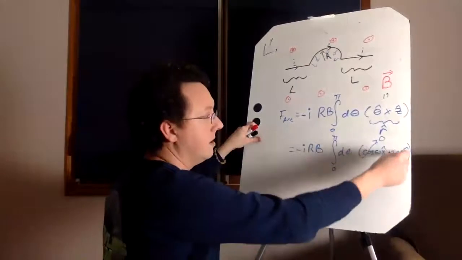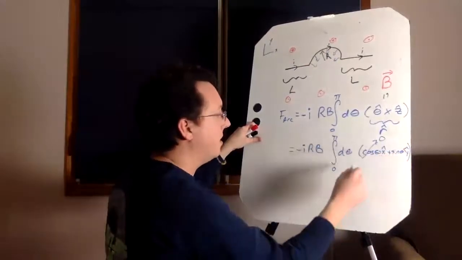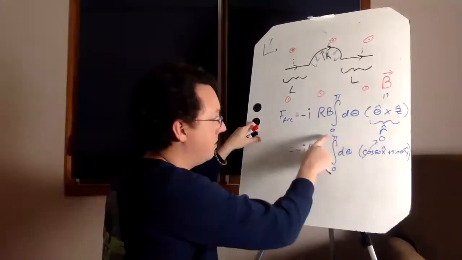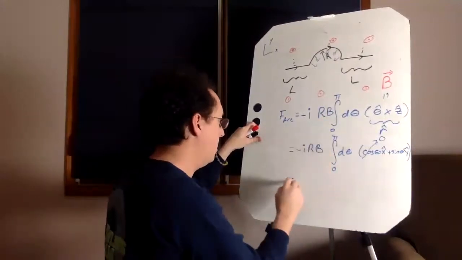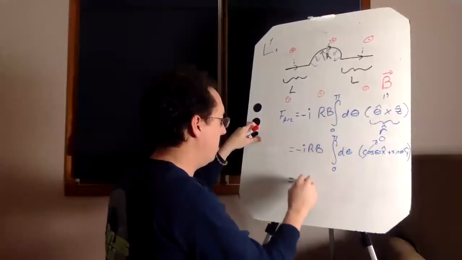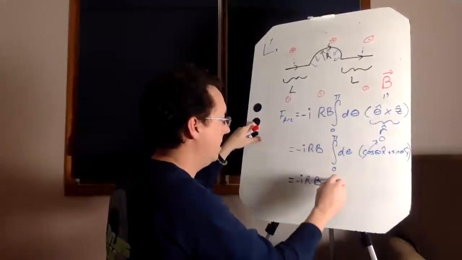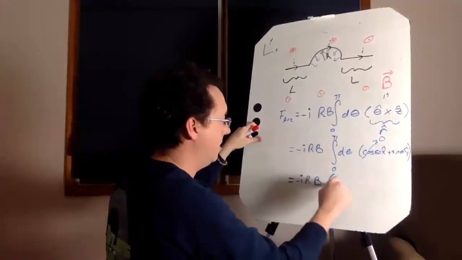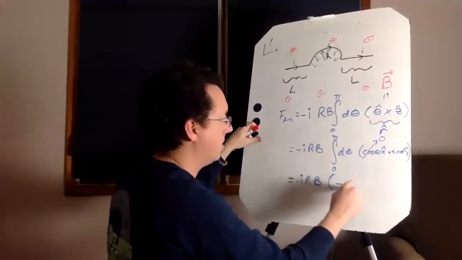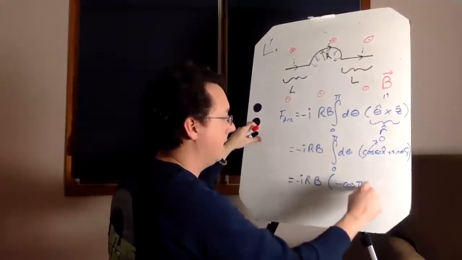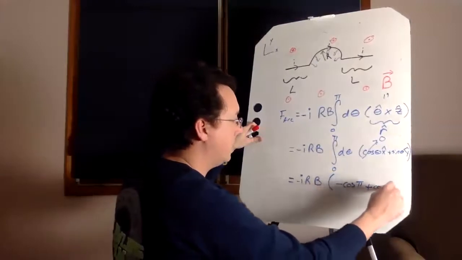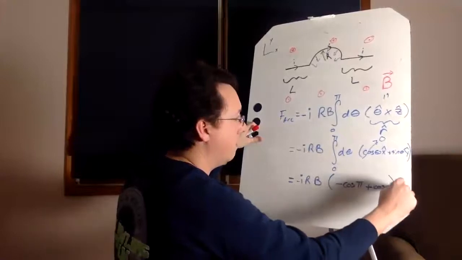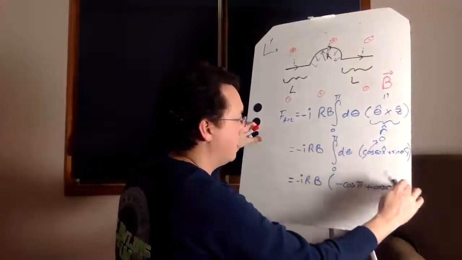So there you go. And then we have the integral of sine. Well, the integral of sine is minus cosine evaluated between pi and 0. So this gives me minus I r b times the integral, times minus cosine of pi plus cosine of 0, times y hat.